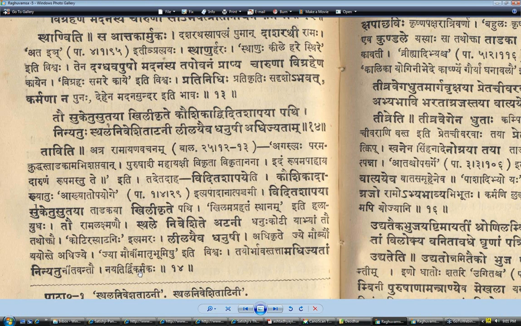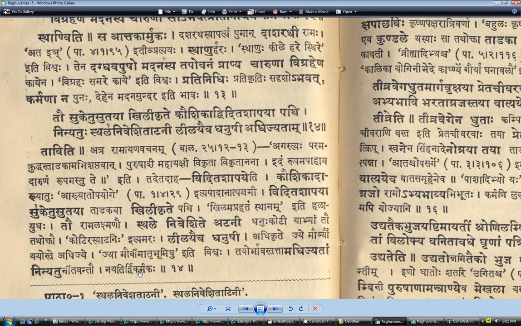Okay, so the whole shloka reads, simple statement is what? Tau Rama Lakshmanau dhanushi adijyatam ninyatuhu. They took their two bows to the state of being strung. They have an adjective: sthala niveshitatani Rama Lakshmanau. They were the ones by whom the tips of the bows were poked into the ground.